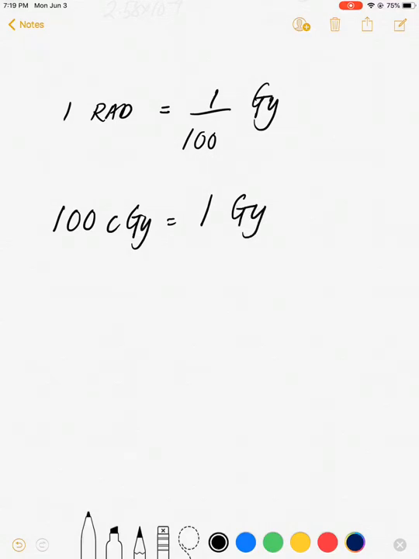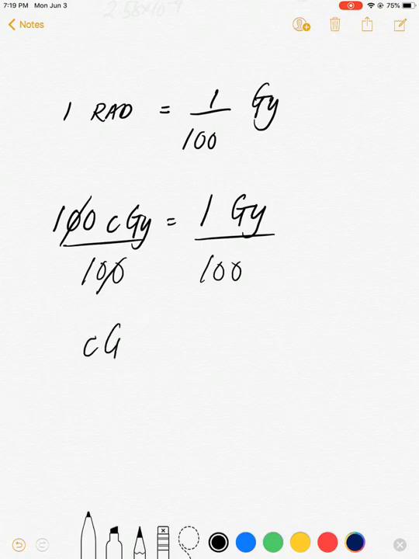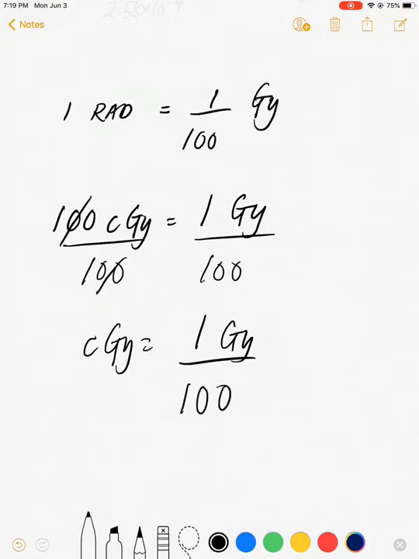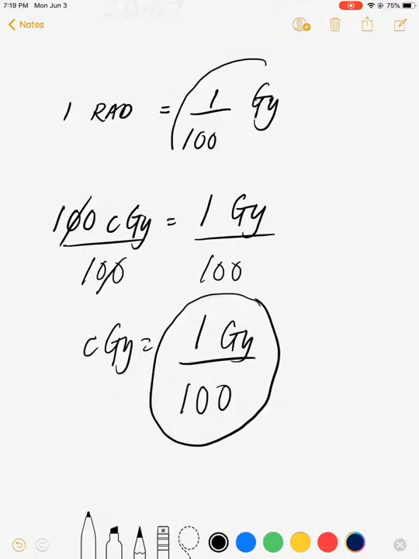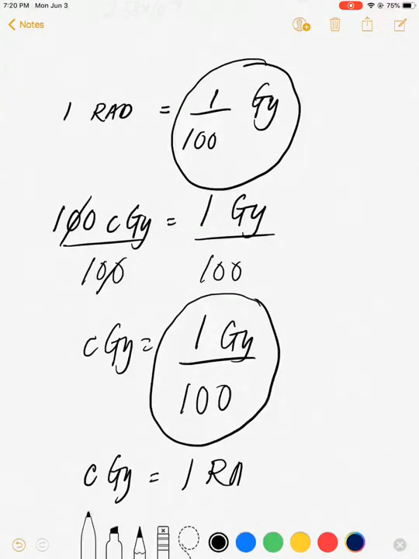Because it takes 100 centigray to equal 1 gray. And if we were to see how much is 1 centigray, we just divide to cancel out. Centigray equals 1 gray over 100. Now if you look, this is the same as this, meaning 1 centigray equals 1 rad.